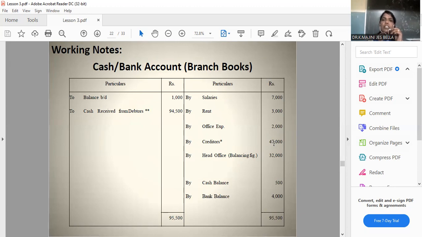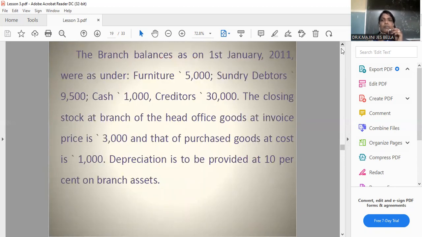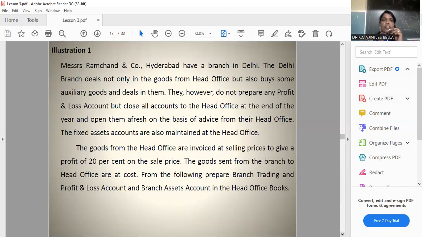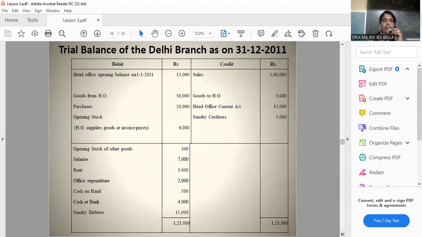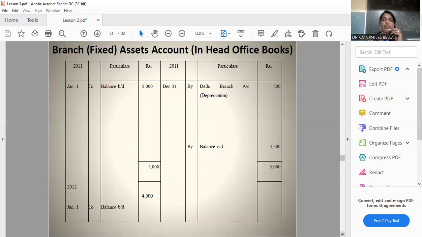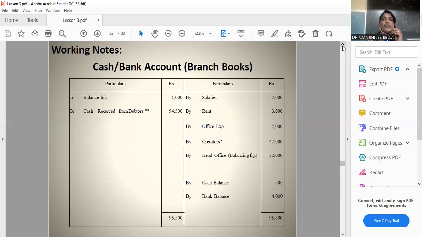Then head office, how much we have to find out, right? So then cash balance how much? 500 are there, right? Bank balance how much? See the question. It was mentioned in the question, after the expenses, there is a balance, cash balance 500, bank balance 4,000, right? All the expenses, we should write it in the credit side.